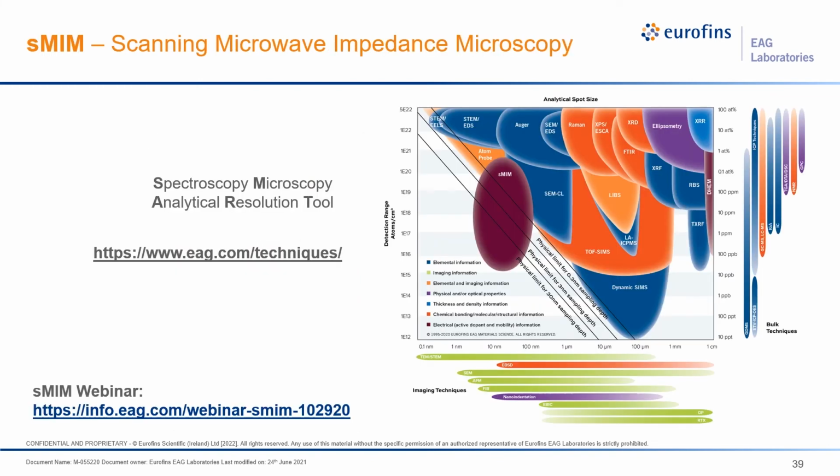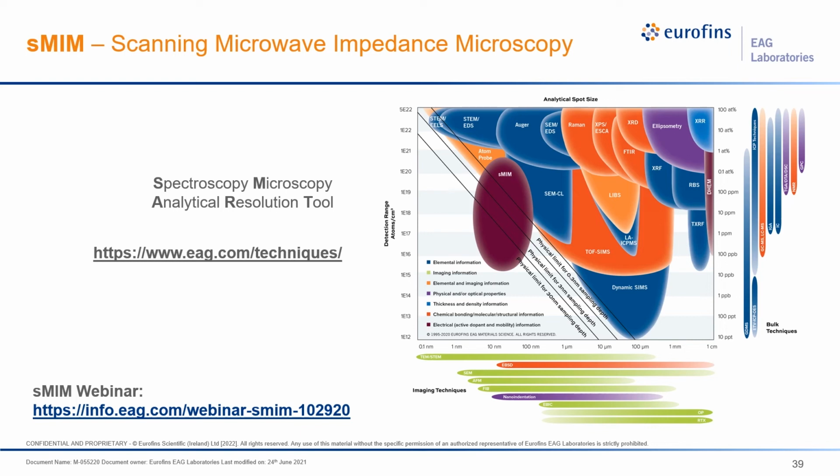And so that takes us to our last technique, which is scanning microwave impedance microscopy. So this is an AFM-based technique now, and you can see that it gives us access to electrically active dopant and mobility information within the samples, and then gives us spatial resolutions down to a couple nanometers and typically around 30 nanometers or so, and very good sensitivities as well.